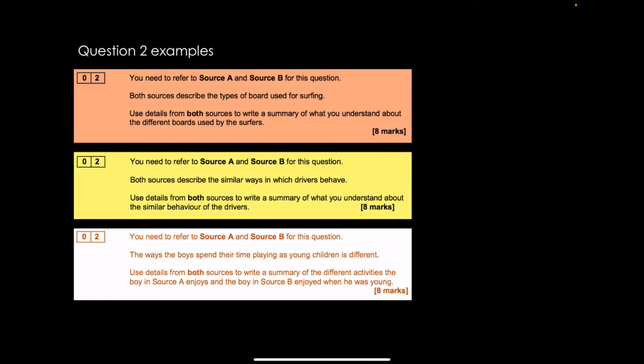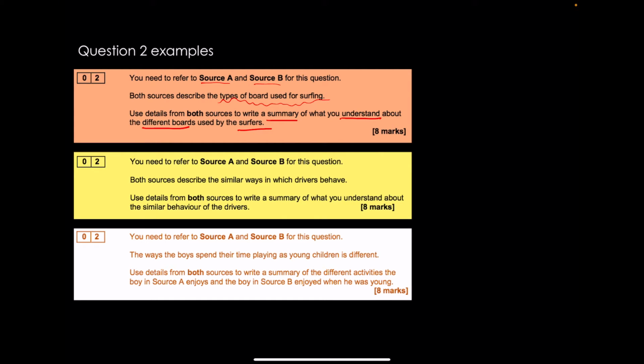So here are 3 questions. The first question says to look at source A and B, and both sources describe types of boards used for surfing. Use details from both sources to write a summary of what you understand about the different boards used by the surfers.